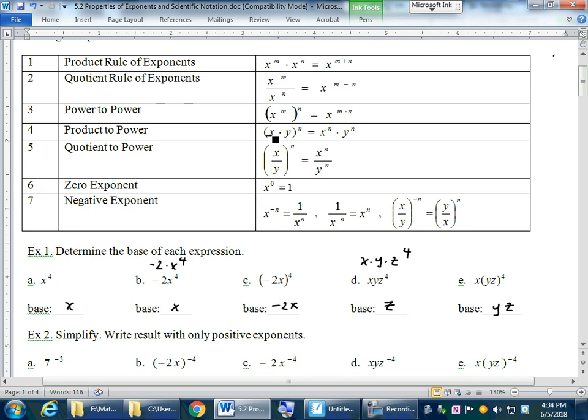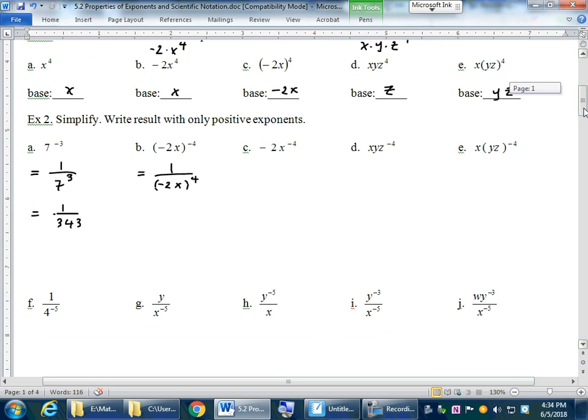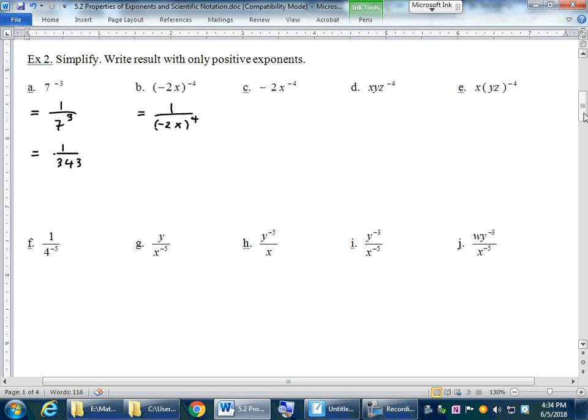If you have a product in a base, the exponent applies to each factor. So that will be equal to 1 over negative 2 to the 4th power and x to the 4th power. Negative 2 to the 4th power is 16, so it is 16x to the 4th power. And that will be my final answer.